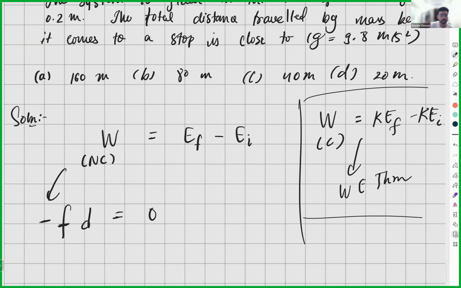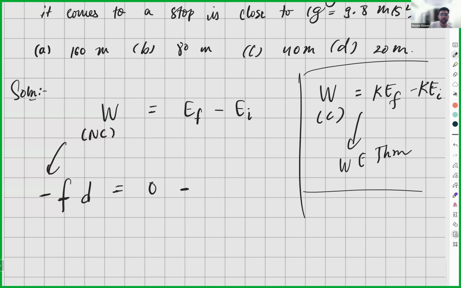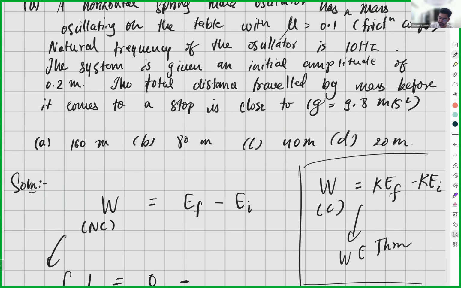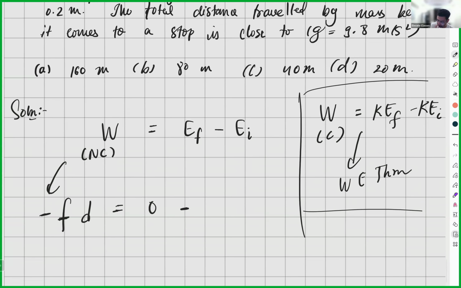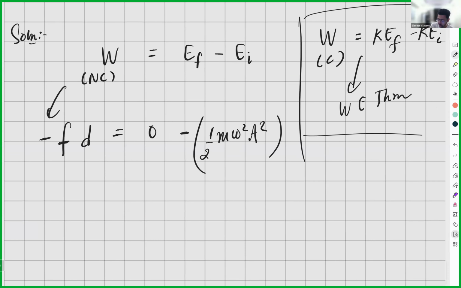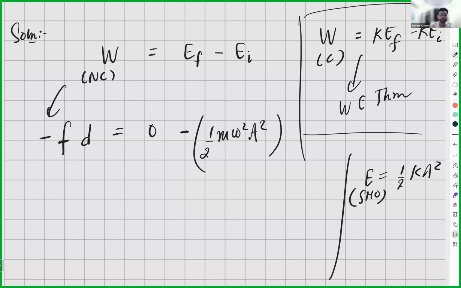Final energy is zero because it comes to a stop, minus the initial energy. Initial energy is the total energy of the mass oscillator, so it is half m omega square A square, or half k A square. The total energy of the simple harmonic oscillator without dissipation is half k A square, where k is m omega square. So this is what you can write.